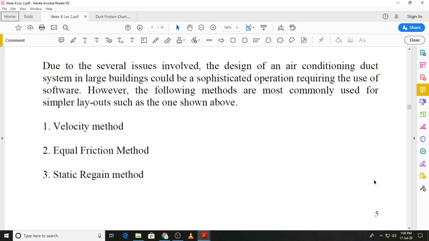However, for simpler layouts like the one that we had looked at, and those are the types of layouts that we will work with in this course, we can use manual methods. For example, the velocity method, the equal friction method, and there is a third method called the static regain method, which I wouldn't call suitable for manual work because it is an iterative method. So we will restrict ourselves to the velocity method and the equal friction method.